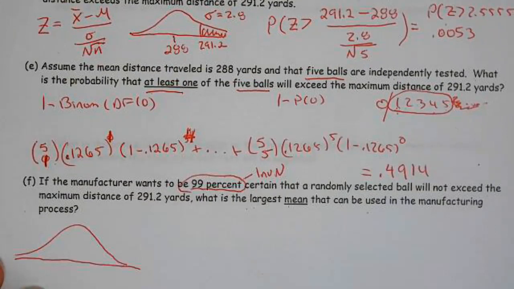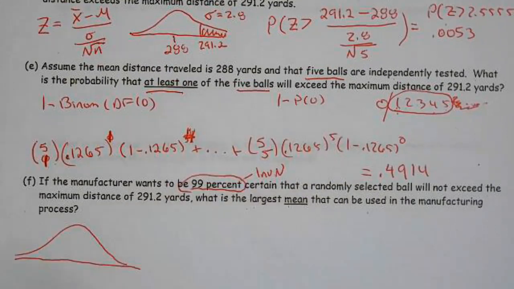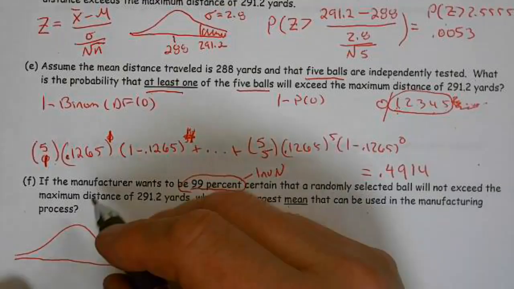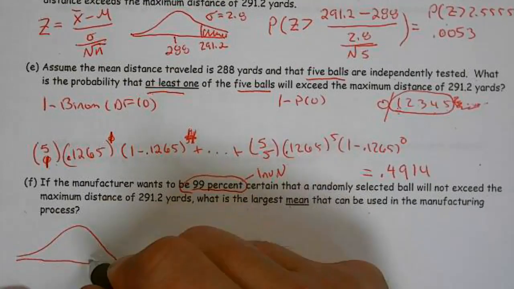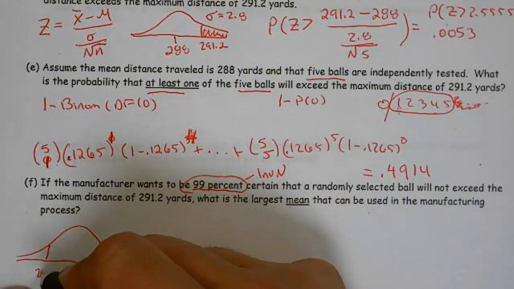And we want to be 99% sure that the ball does not exceed 291.2. So if I have to do that, I'm going to need to draw a picture and go, gosh, what's my mean? Well, obviously, my 291.2 is going to be down here.